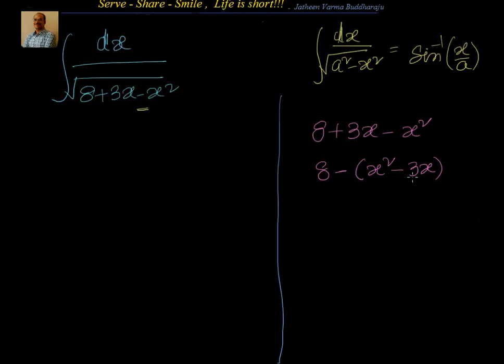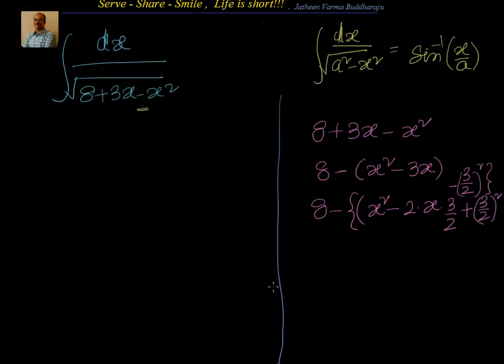I know that a square minus 2ab. So I'll leave 8 as it is. I'll go to the next step and say x square minus 2 into x, and b should be 3 by 2. So I have to add 3 by 2 whole square, and then I have to subtract again minus 3 by 2 whole square. This whole thing we have to do.